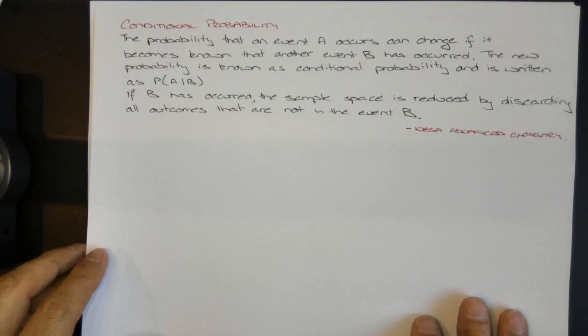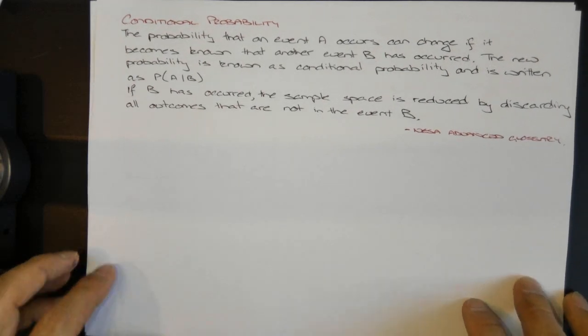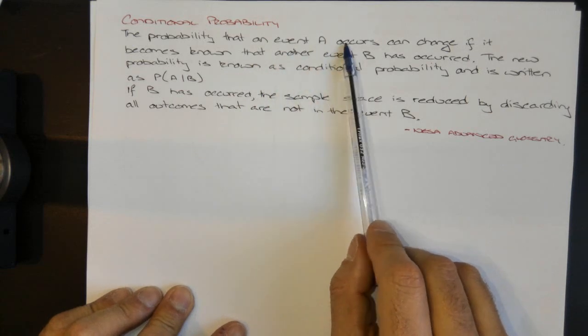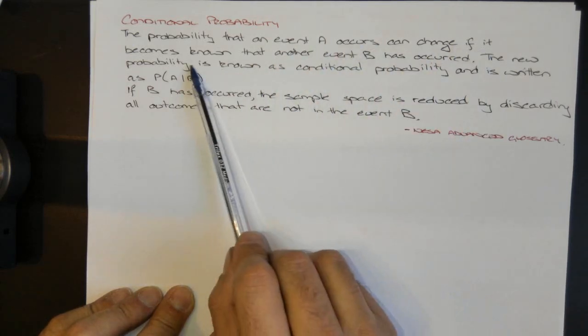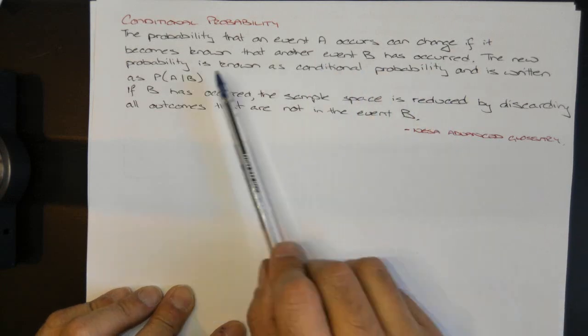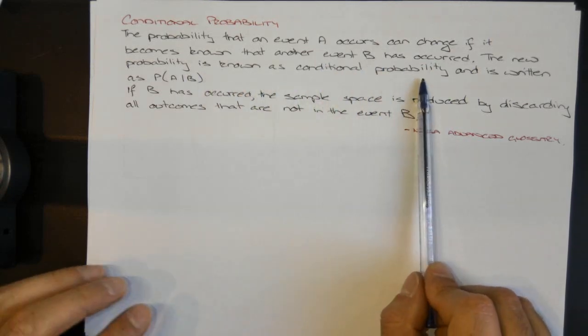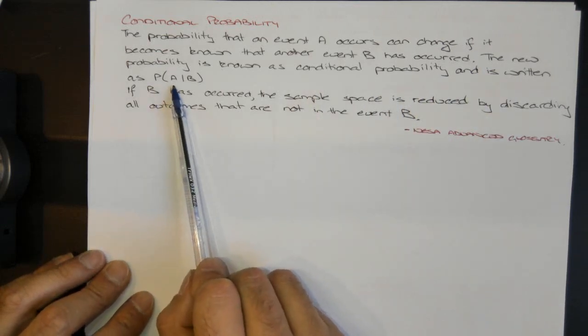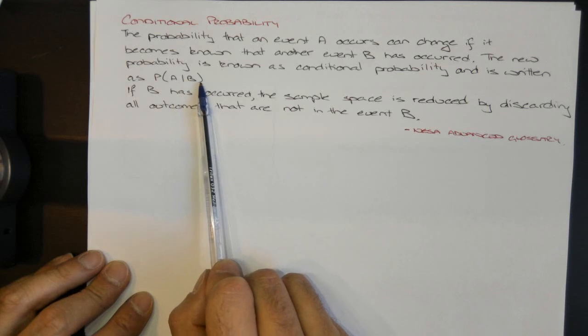From our glossary, it states conditional probability: the probability that an event A occurs can change if it becomes known that the other event B has occurred. The new probability is known as conditional probability and is written as P(A|B).